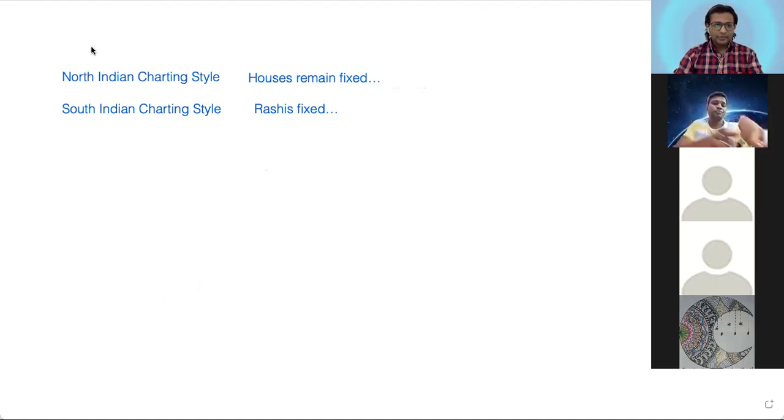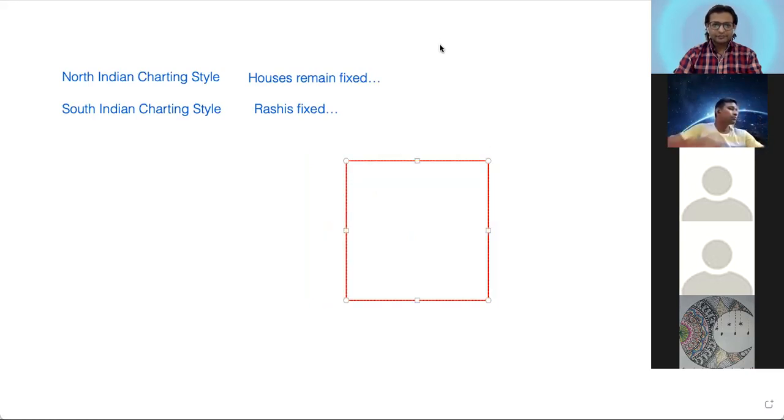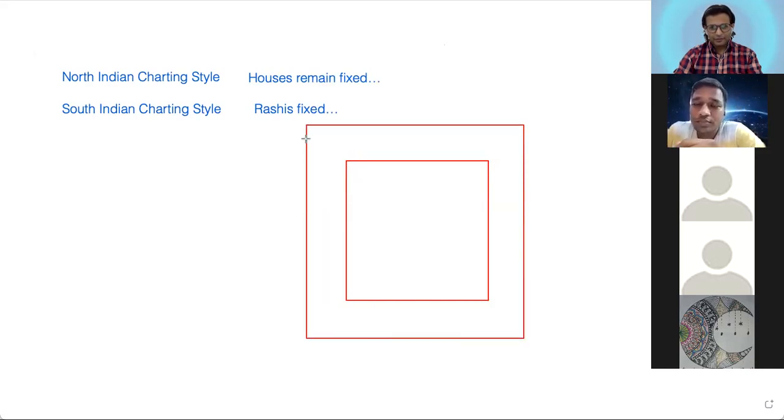We are supposed to draw two boxes, okay? Concentric boxes, okay? So let us draw these two boxes. And draw another box, which will be outside.